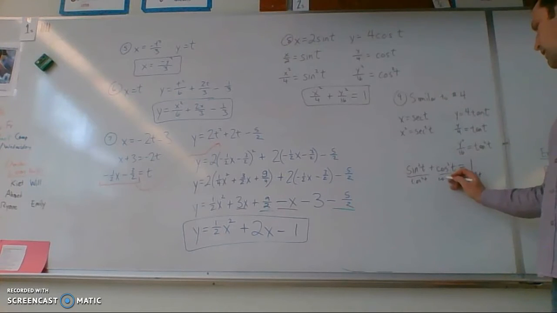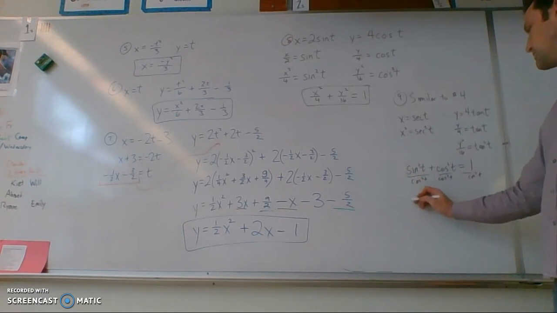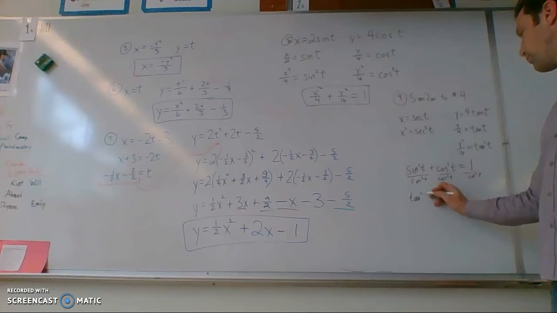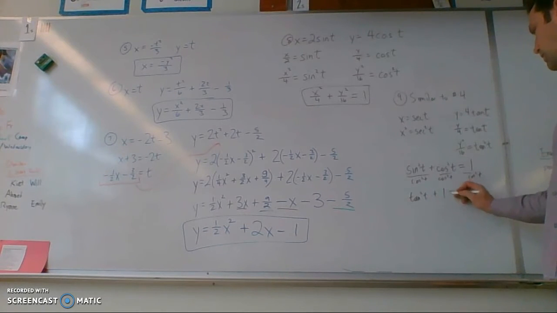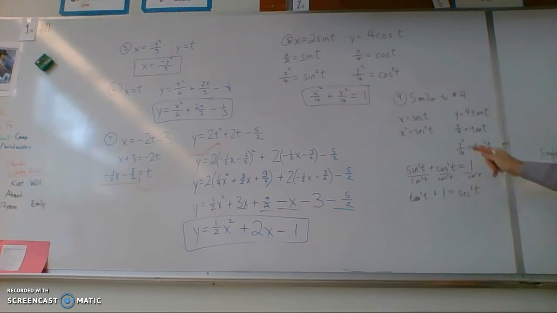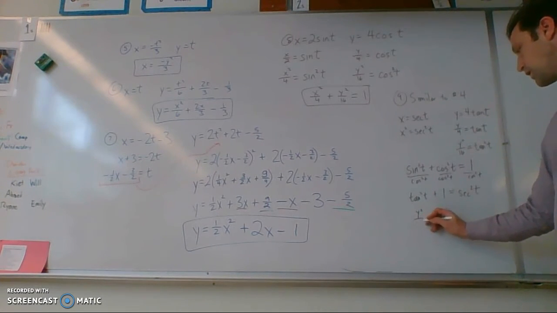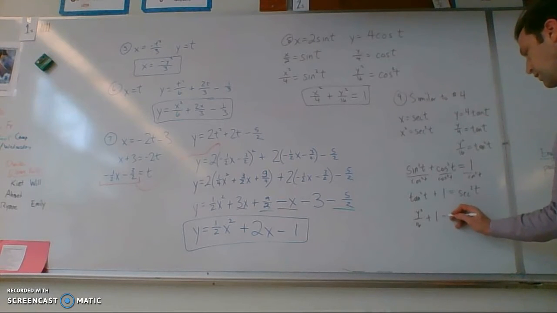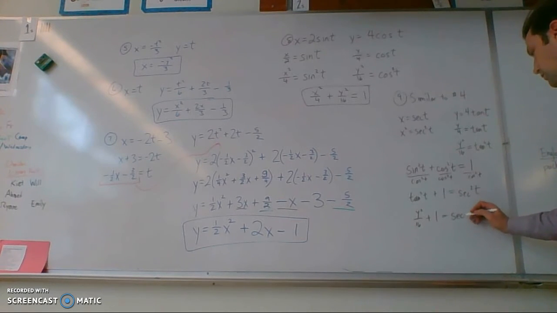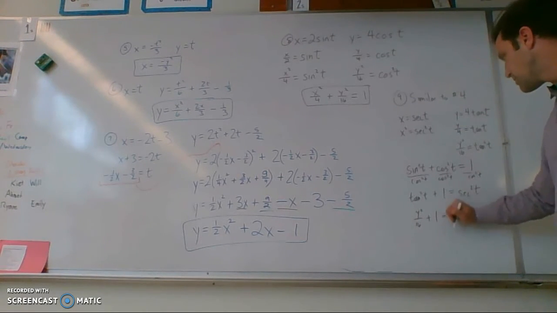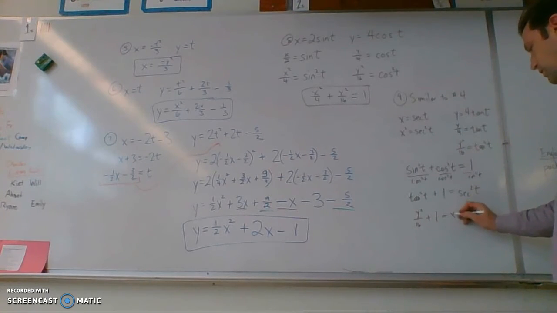And I get tan squared plus 1 equals secant squared. So the equation for this whole thing, now I just plug in for secant squared and tangent squared, and I get y squared over 16 plus 1 equals secant squared t, secant squared is x squared.